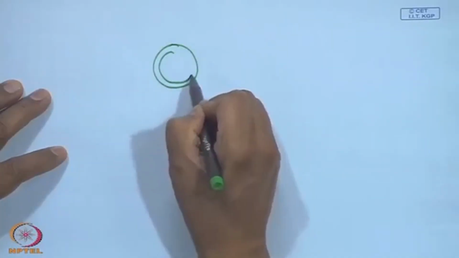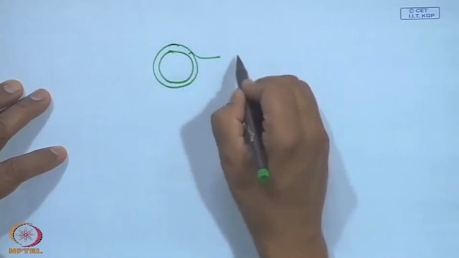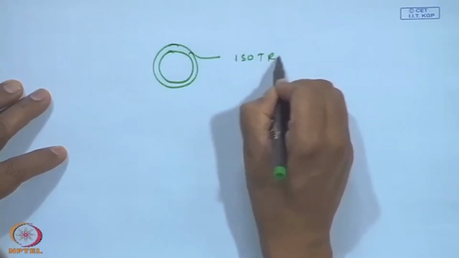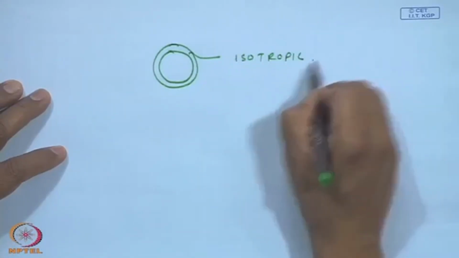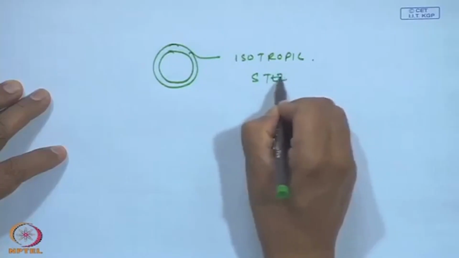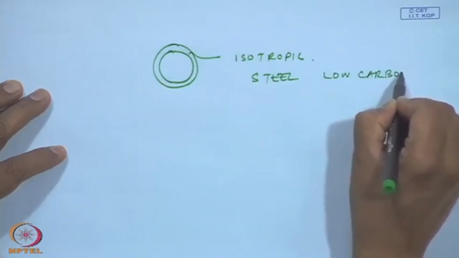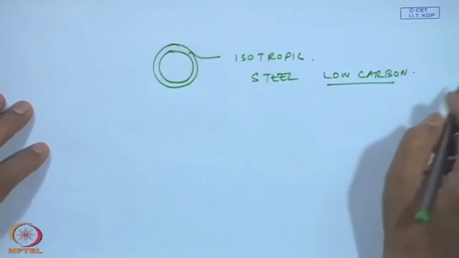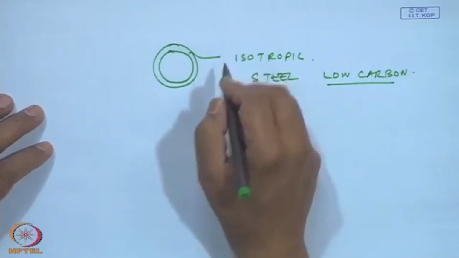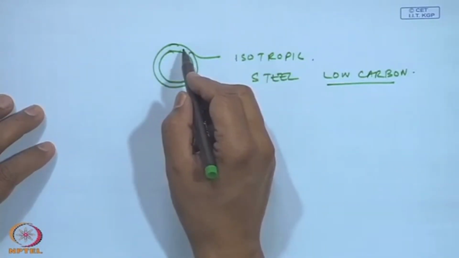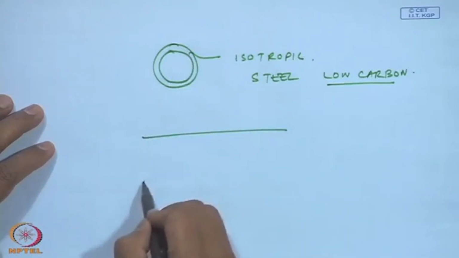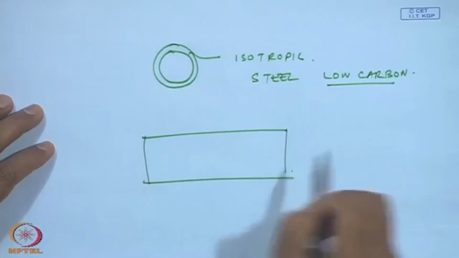I have seen some of the pulleys. The material of the pulley is supposed to be isotropic steel of a particular grade. Usually it is low carbon steel, and these pulleys are made out of plates.